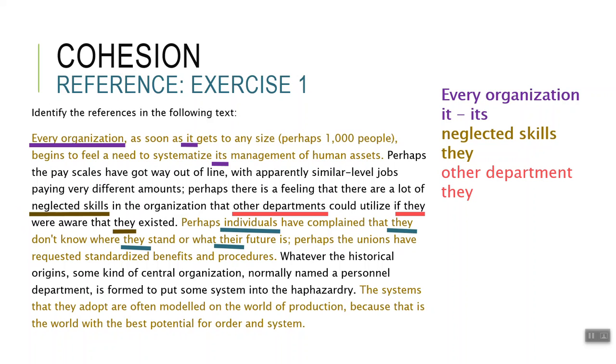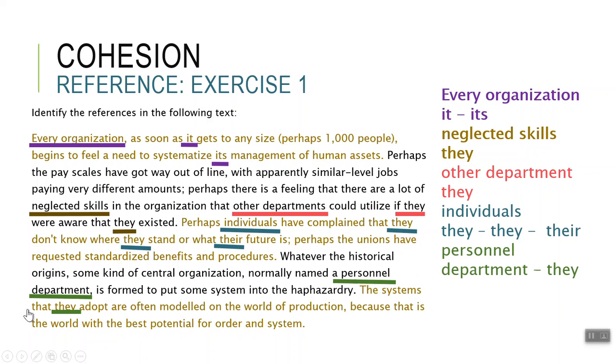Let's look at this next one, individuals. Perhaps individuals have complained that they don't know where they stand or what their future is. That individual. This one is personnel department and system, they.